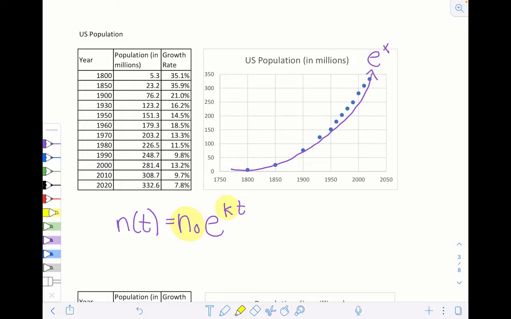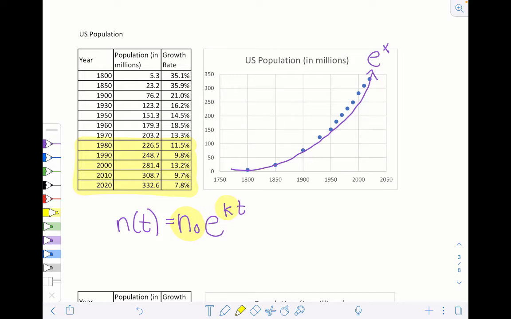First I want to figure out which years to use. So maybe I'll use a spread of years here. Let's say we start at 1980 to 2020. Let's say we're going to narrow in on those values.